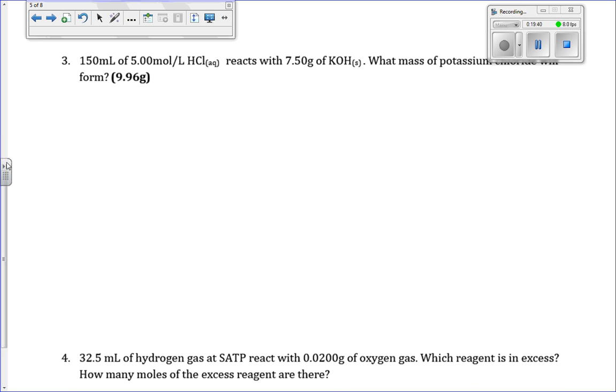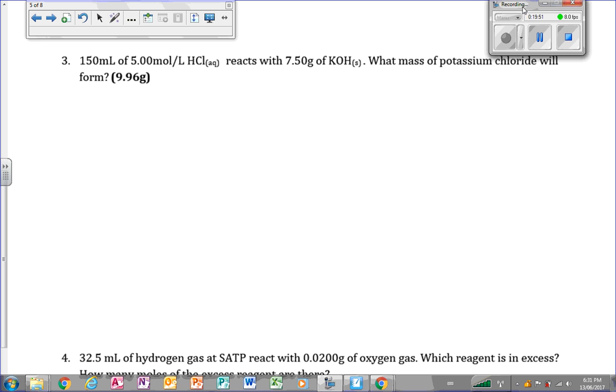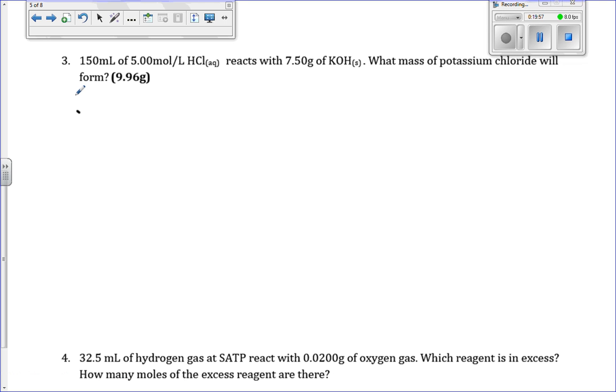Number 3, 150 milliliters of 5 moles per liter hydrochloric acid reacts with 7.5 grams of potassium hydroxide. What mass of potassium chloride will form? So the first thing that we need to do is create a balanced equation.